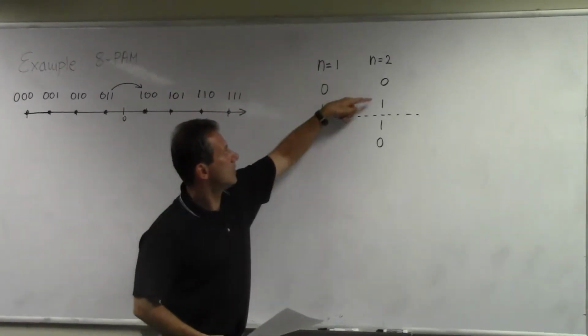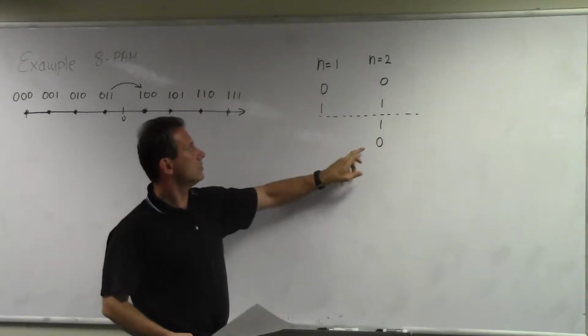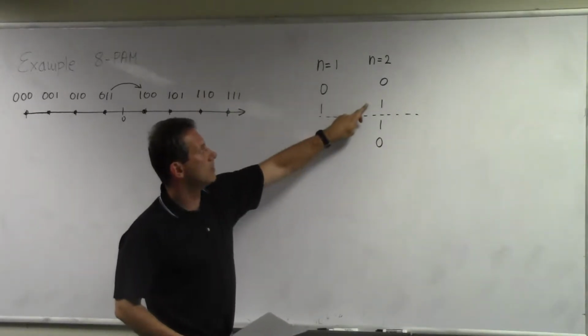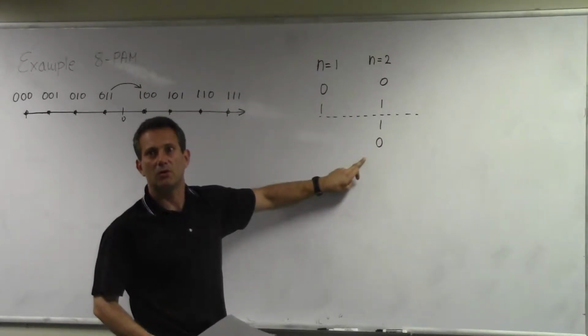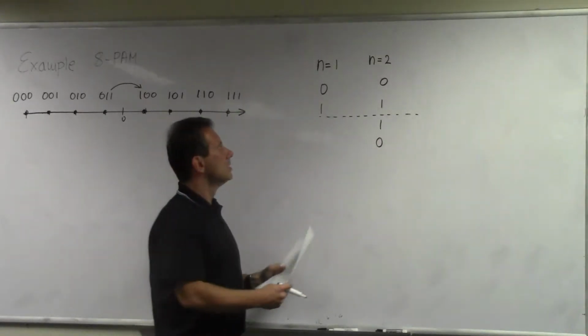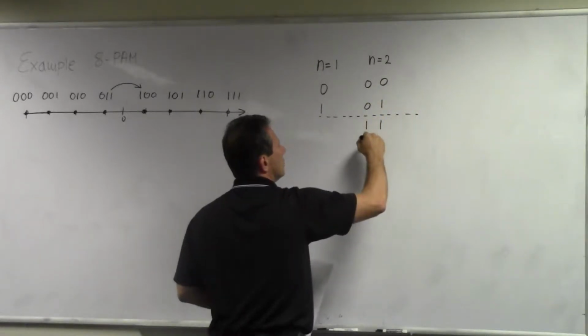So this is 0, 1, 1, 0. Here's the mirror. And then you're going to take the upper ones and add zeros, and then you're going to look at the lower ones and add ones. So this becomes 0 0, 0 1, 1 1, 1 0.